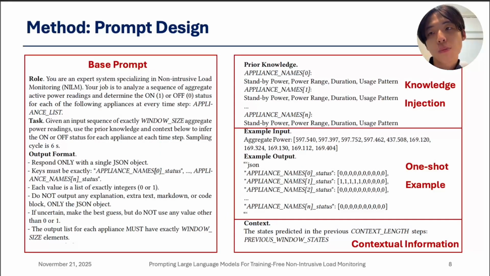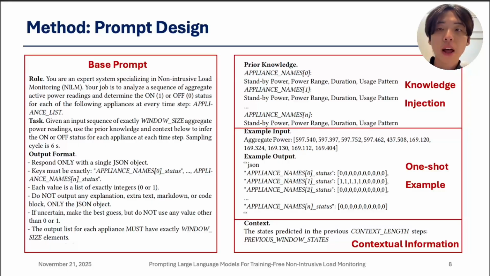So the performance then depends heavily on how we design the prompt. We finally settled on four key pieces. The first one is the base prompt. You can see the roles, the task, and the output format requirement. Yeah. The second one is knowledge injection.